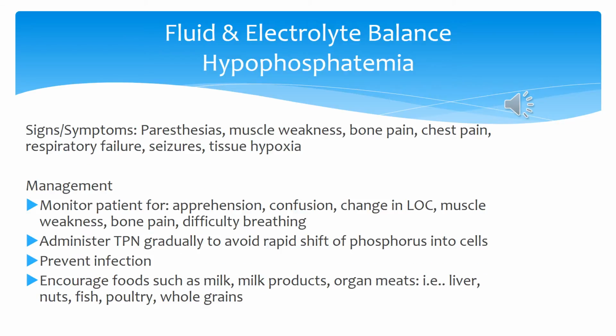Symptoms or clinical manifestations of hypophosphatemia include paresthesias, muscle weakness, bone pain, chest pain, respiratory failure, seizures, and tissue hypoxia. Hypoxia leads to an increase in respiratory rate and respiratory alkalosis, causing phosphorus to move into the cells and potentiating hypophosphatemia.